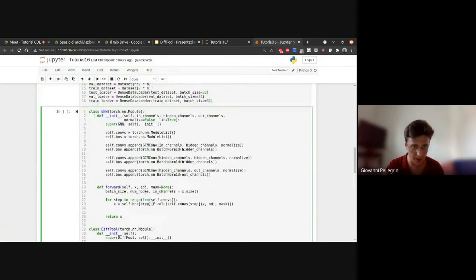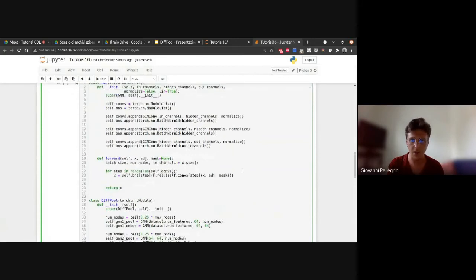Here I have created this GNN class, and in it I have decided to put three graph convolutional layers. So we have a GNN which has three convolutions inside of it, and then several GNNs for each different hierarchical step. Here I have chosen GCN, but you can also use GraphSAGE or whatever.